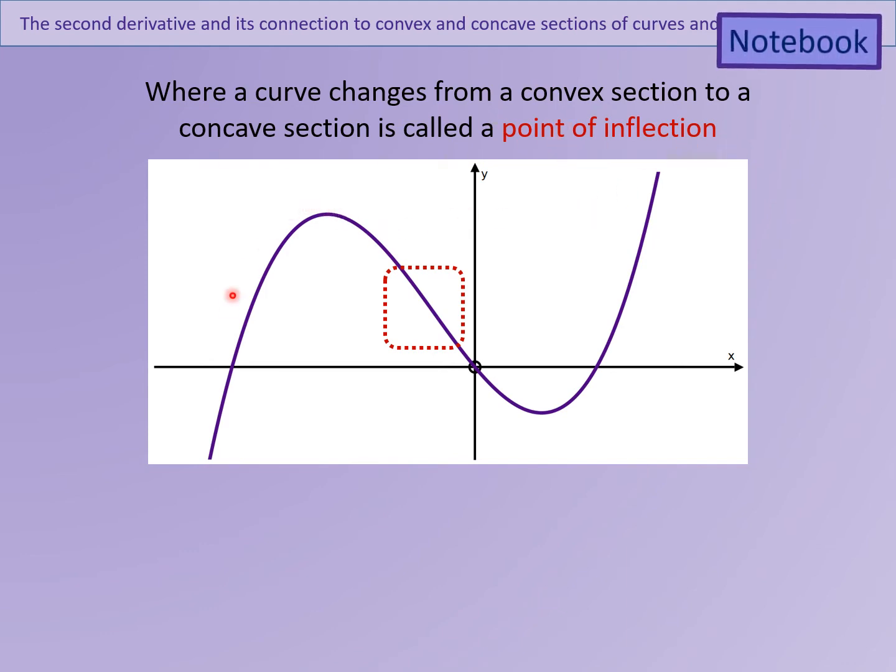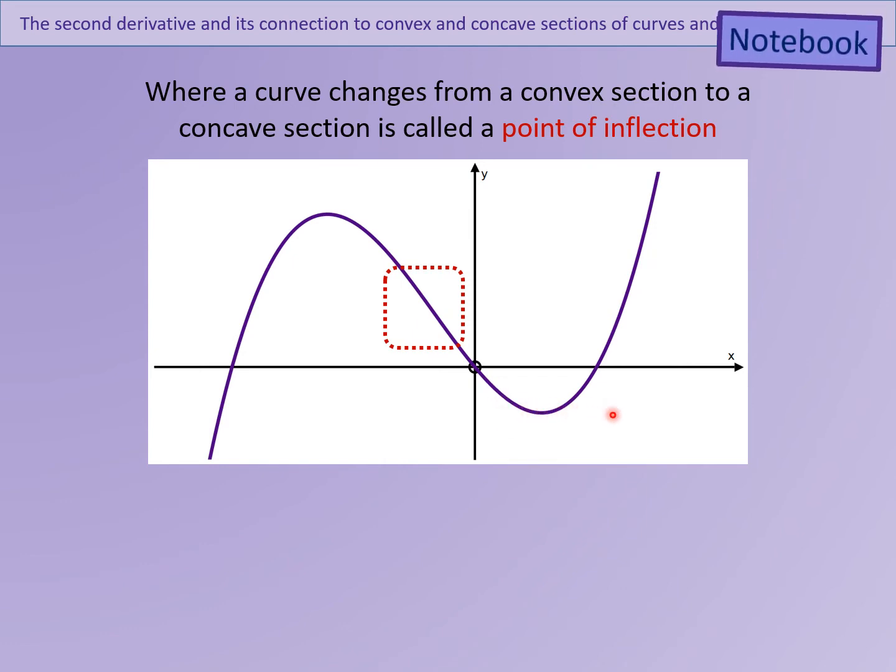The other way of looking at it is if you look at the gradient function here, the tangent line is clearly always on this side up here. If I draw my line, it's always on that side, but somewhere it changes. So here, if I draw my tangent line, it's clearly still on that side. But somewhere in here it changes, because here, for example, now it's changed its side.